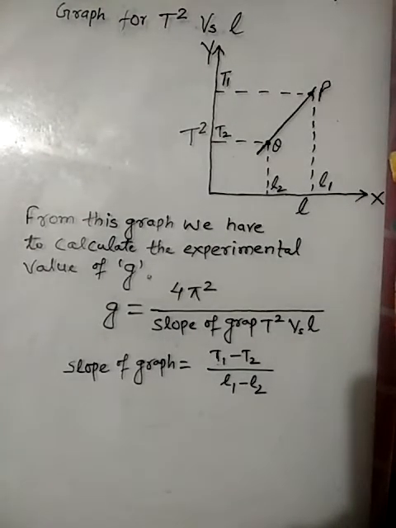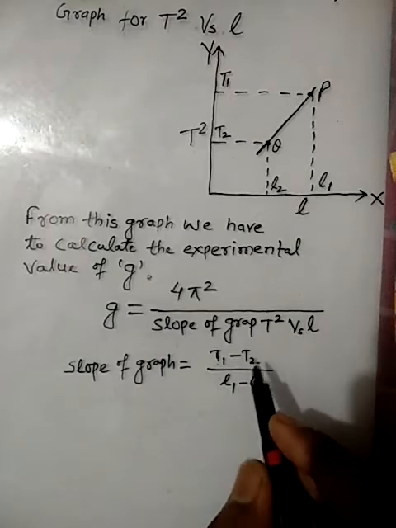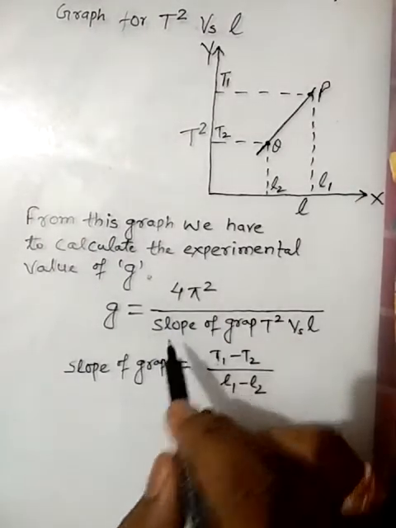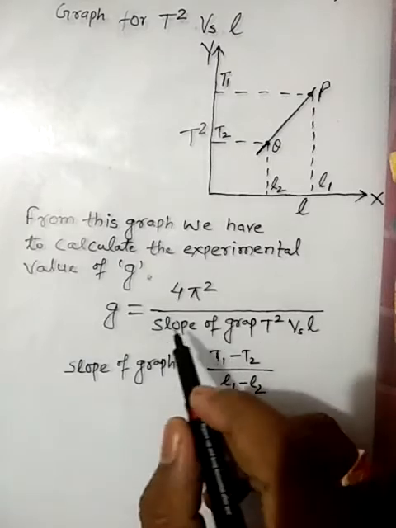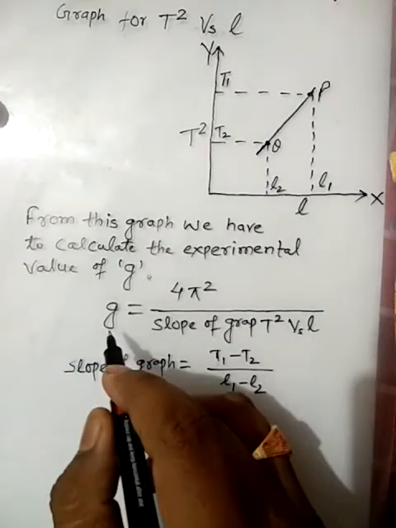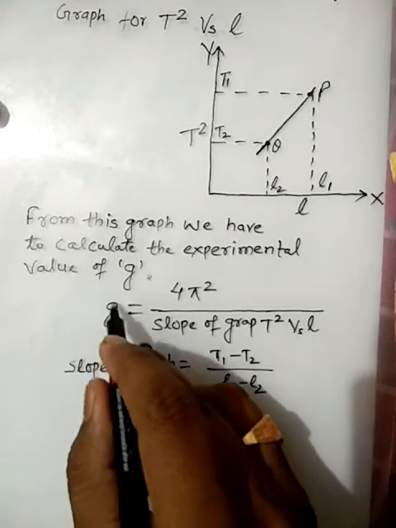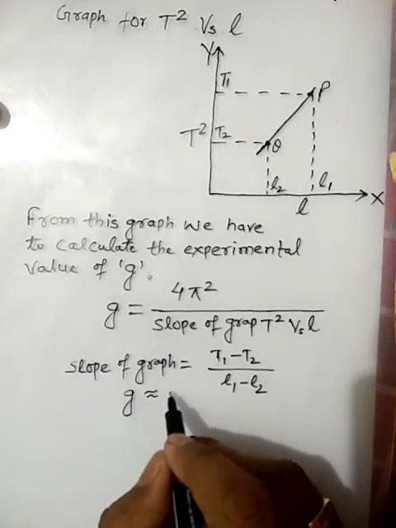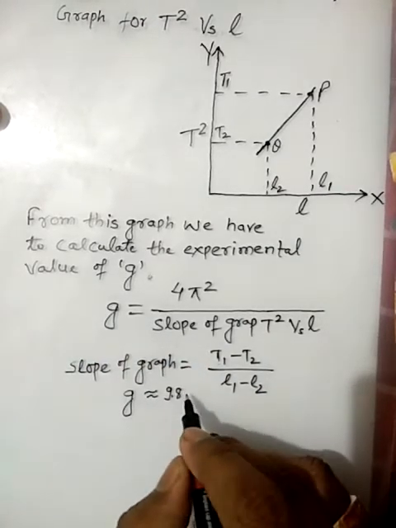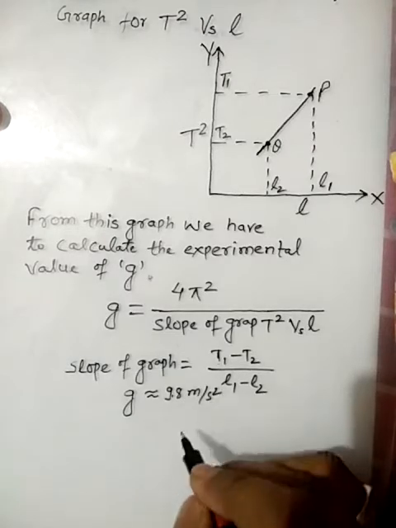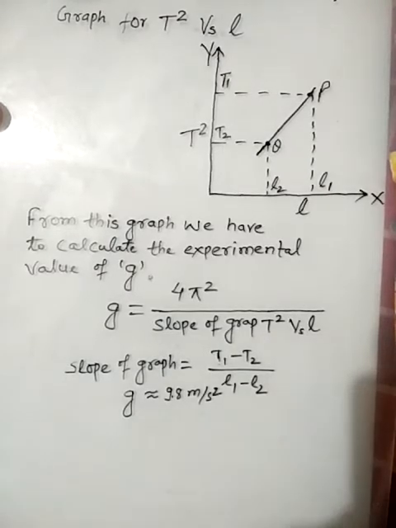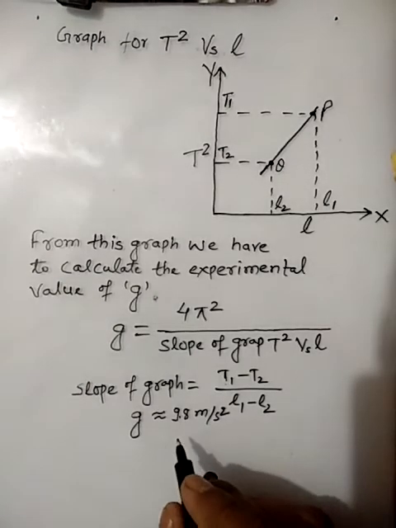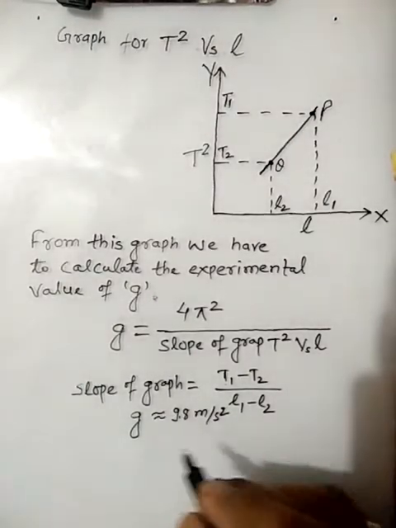On repeated experiments and putting the value of the slope of the graph, we have found that the value of g will be nearly equal to 9.8 meter per second square, which is the same as the value of acceleration due to gravity.